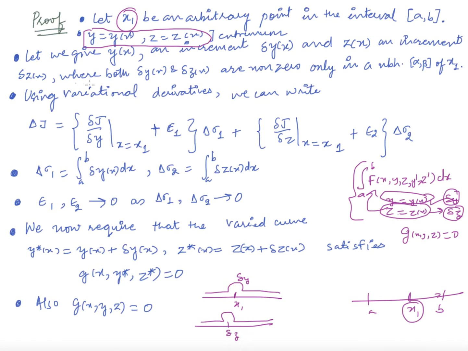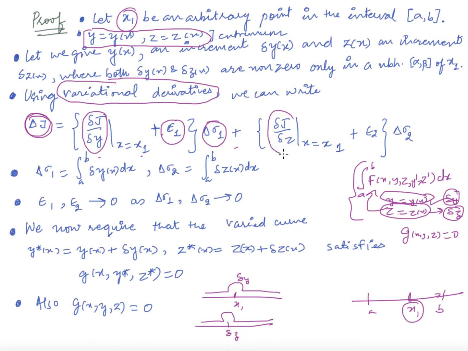Then using the definition of variational derivatives, which we have seen in the second last video and in video 5 also, the increment in J can be written as the variational derivative of J with respect to y at x1 plus epsilon 1 times delta sigma 1, plus the variational derivative of J with respect to z at x equal to x1 plus epsilon 2 times delta sigma 2, where delta sigma 1 is the area between delta y and the x-axis, and delta sigma 2 is the area between delta z and the x-axis.